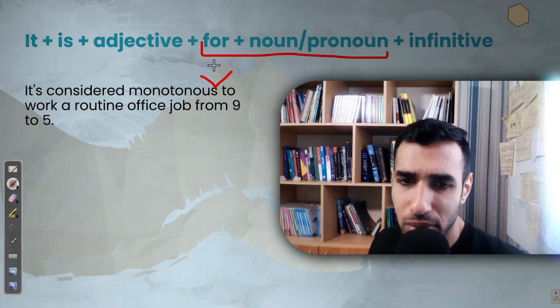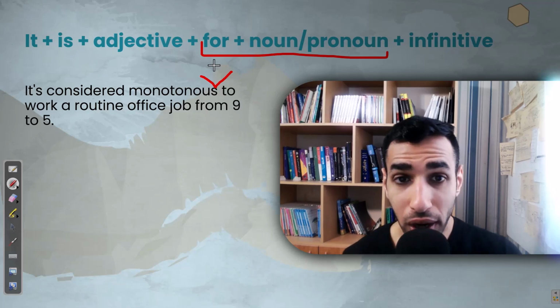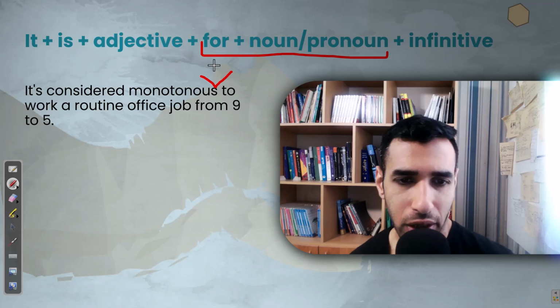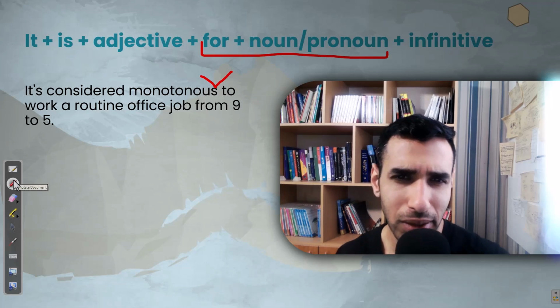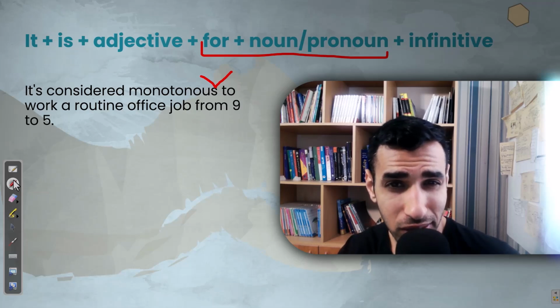It's considered monotonous for Americans, for night people, for adventurers, for me, to work a routine office job from 9 to 5. Does this statement apply to you? Do you consider working a routine job monotonous?